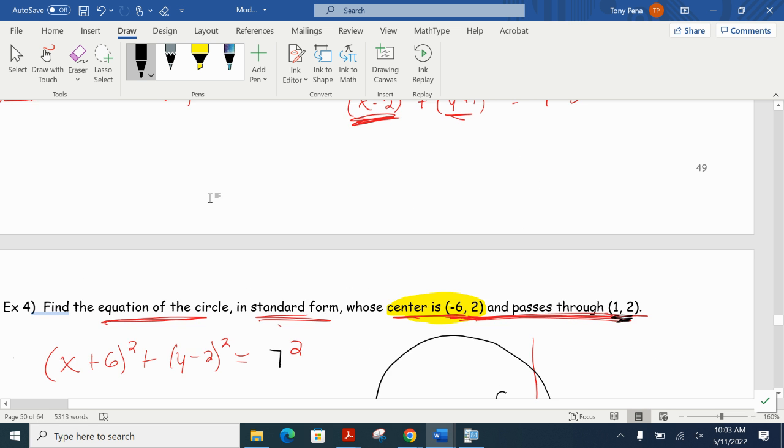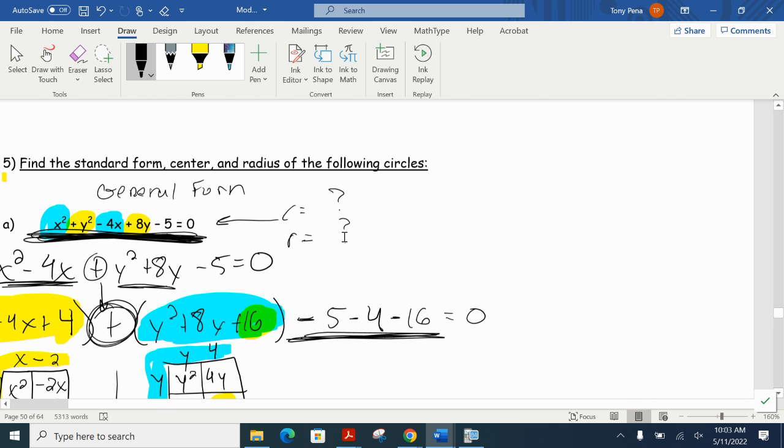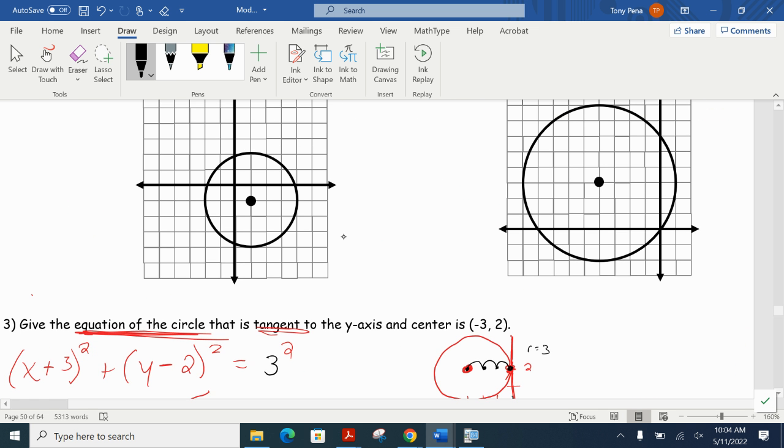So if this is your diameter, think about the diameter of a circle. Let me come up to one of these that's a nice graph, if we have one already. All right. If I drew in the diameter of this circle from here to here, isn't the very middle of your diameter the center of your circle? So it would be really nice if we knew what point was in the middle of the endpoints of your diameter.